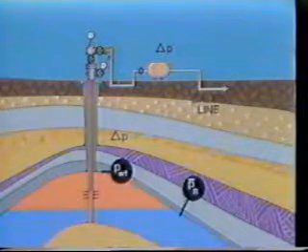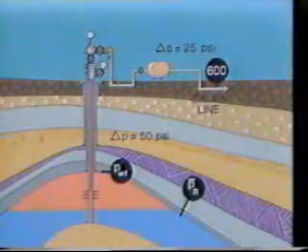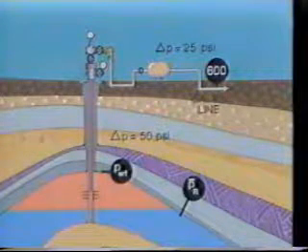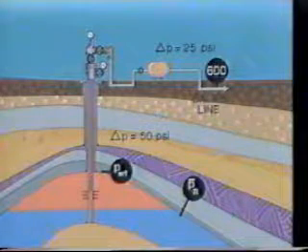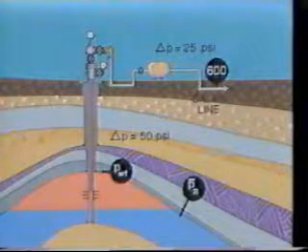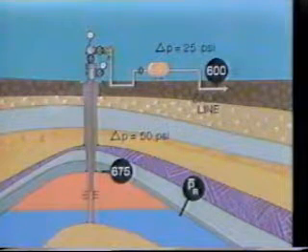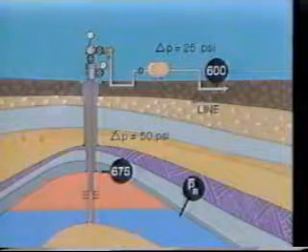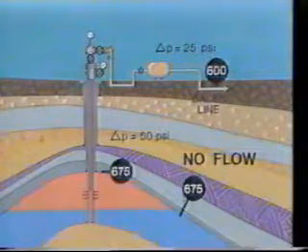Thus, for example, if the sales line back pressure is 600 psi, the gathering system pressure loss 25 psi, and the tubing pressure loss 50 psi, the wellbore pressure imposed by the accumulation of these three values will be 675 psi. When the average reservoir pressure falls to this value, no further flow will occur.